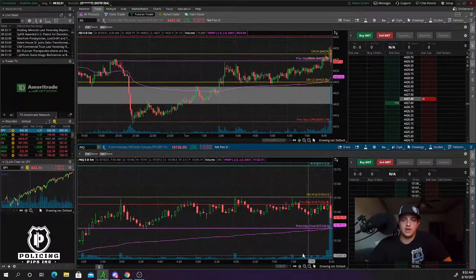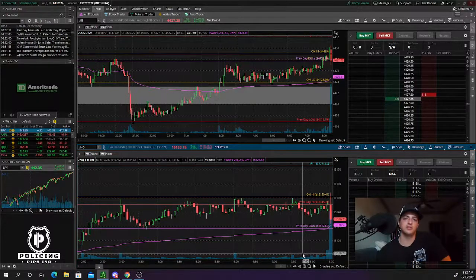Pulling back to the VWAP. The VWAP and the previous day close are basically the same on that NASDAQ. We've cleaned out that on the S&P. Still haven't done it quite yet on the NASDAQ.